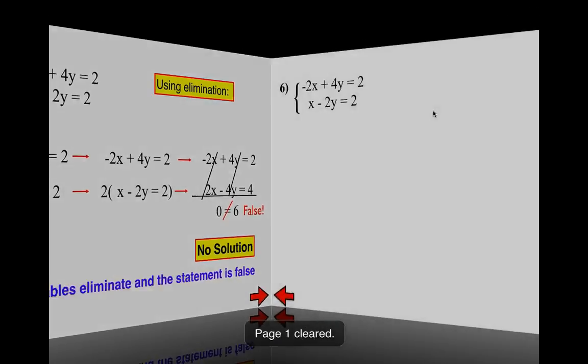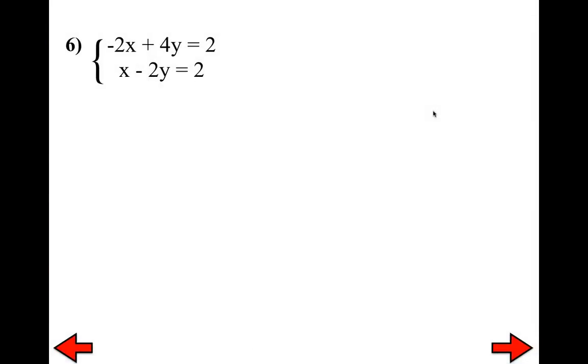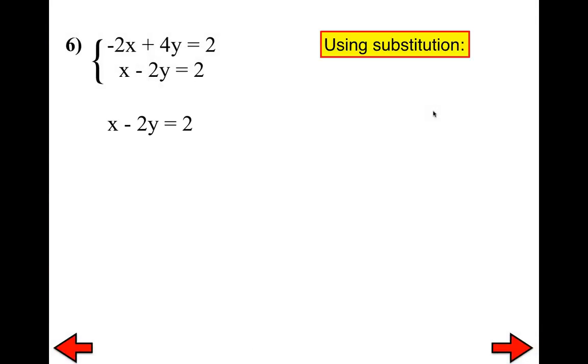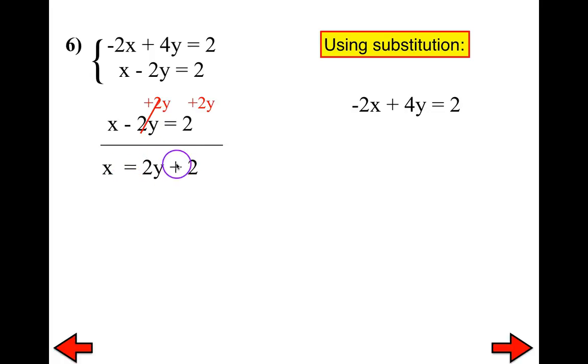Now, some of you may have felt more comfortable with substitution, so I will show you that one as well. For substitution, you would go ahead and isolate x because that's going to be your easiest variable to isolate. So in this case, add 2y to both sides, and then I end up with x equals 2y plus 2. Now all you would have to do is take this value of 2y plus 2 and substitute it in for x.